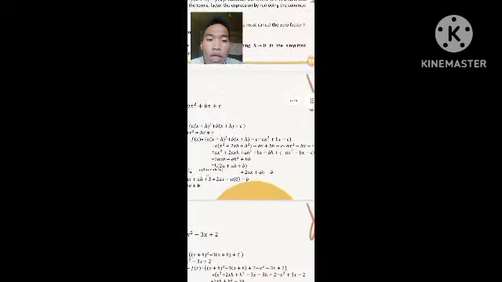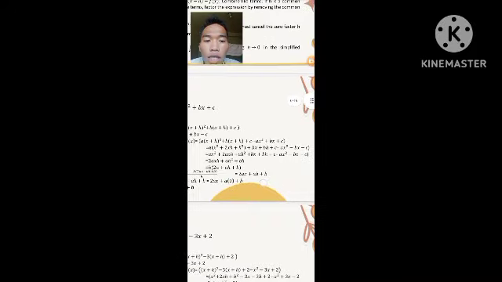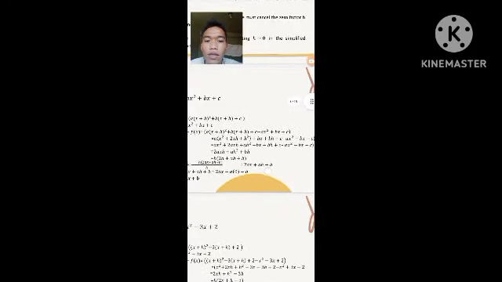So this is step 2. Simplify, add or subtract. We have a times x squared plus 2xh plus h squared, plus bx plus bh plus c, minus ax squared minus bx minus c.